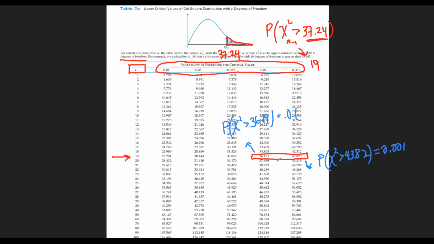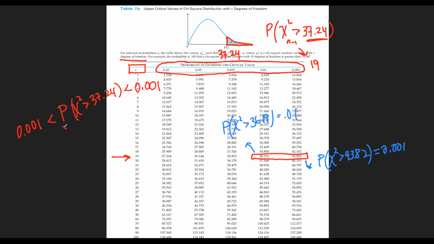So the conclusion using the table here is our best estimate for this probability is that it's somewhere between 0.001 and 0.01. So it's going to be larger than 0.001, and I'll write it out: the probability that chi-squared is greater than 37.24 is also smaller than 0.01.